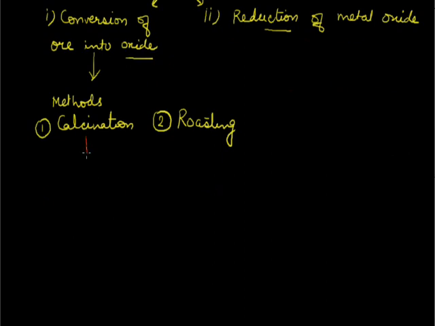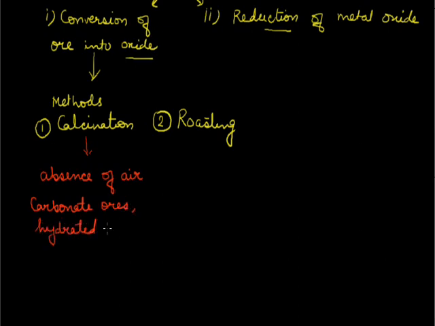In calcination, the ore is heated in the absence of air. So we can do it for most commonly carbonate ores. It can be done for hydrated ores, and even oxide ores are calcined.